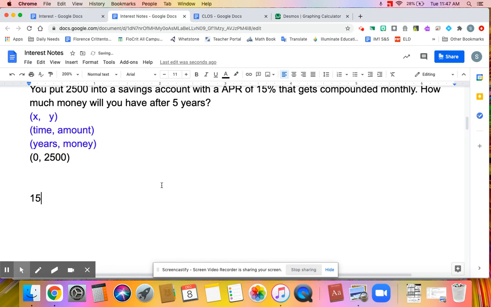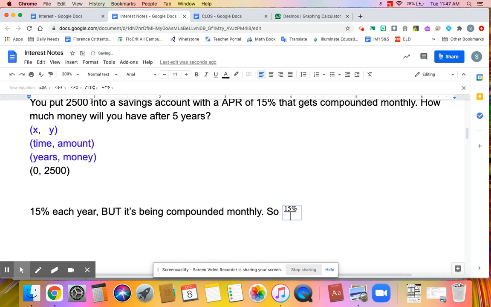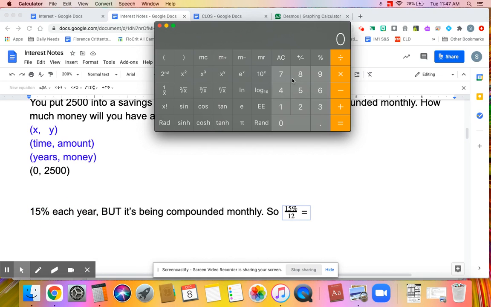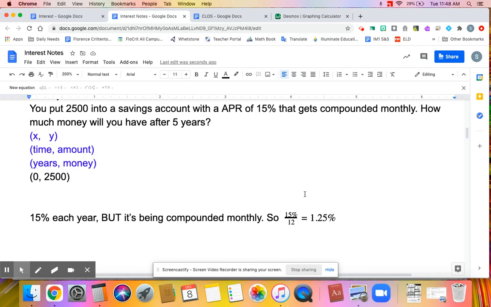I get 15% each year, but it's being compounded monthly. So I need to take that 15% and divide it into 12 months to figure out if this is my yearly percent rate, what is it going to be each month? So if I do 15 divided by 12, the answer is 1.25% each month. I have my $2,500.